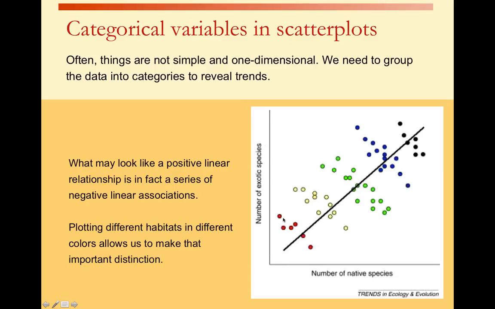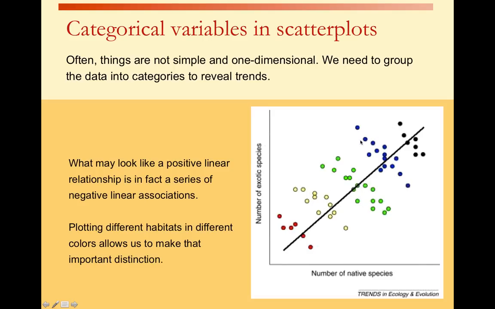I might have a certain plant, designated by the red, the yellow, the green, and the blue. And if I didn't have any color here, you would see that, or I guess these are different habitats.